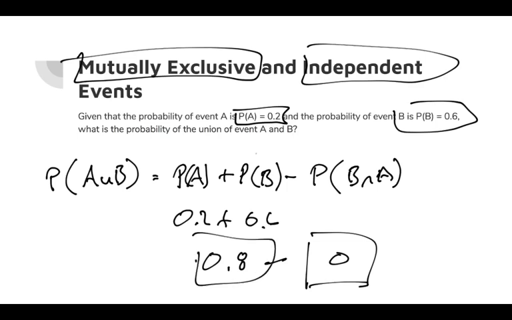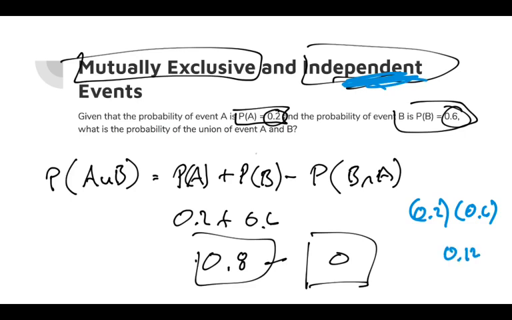But if the events are independent, then I need to take 0.2 and multiply that by 0.6 to find the value of the intersection. That's when the things are independent. So I take 0.2 times 0.6, and I get 0.12, and I'm going to stick that over here and subtract.